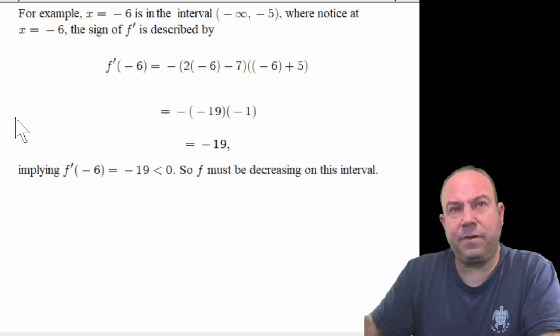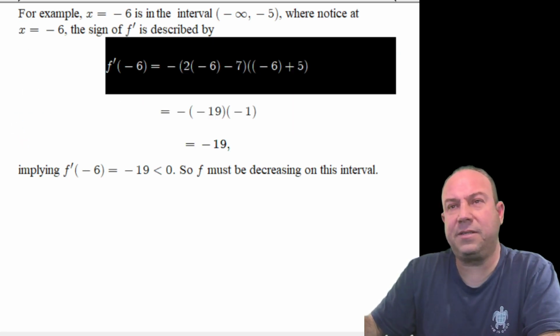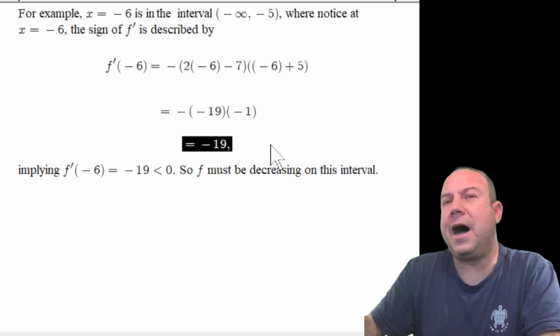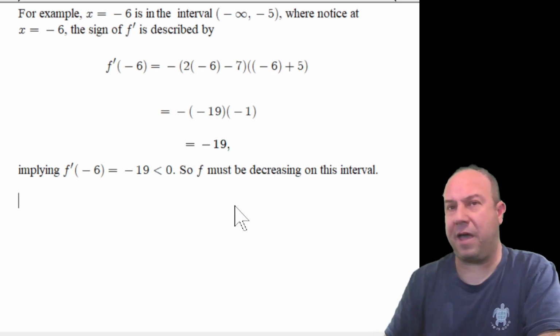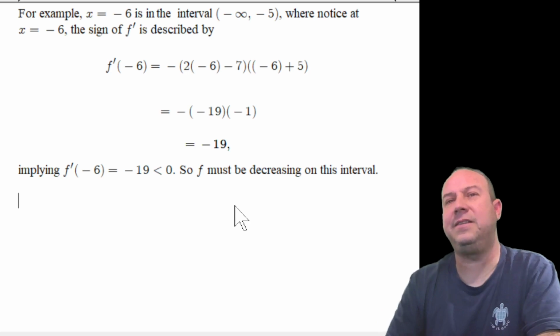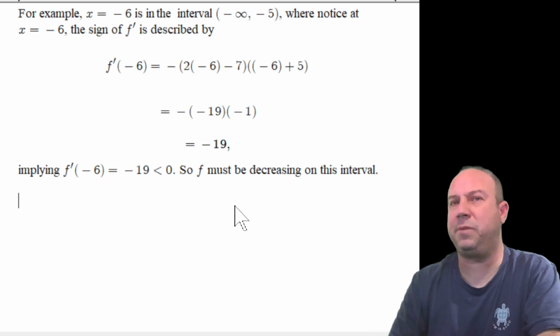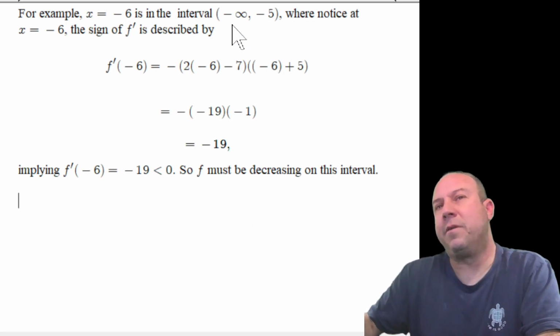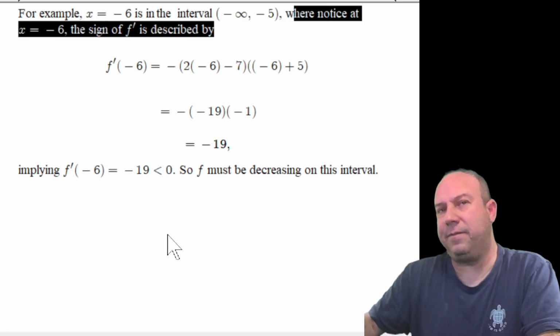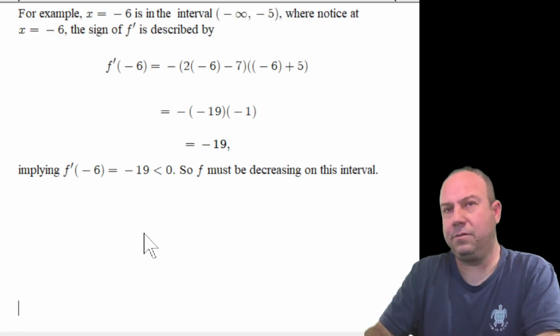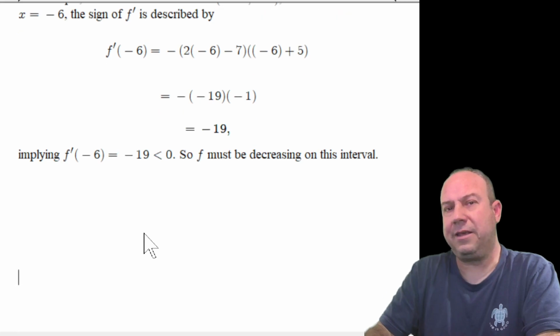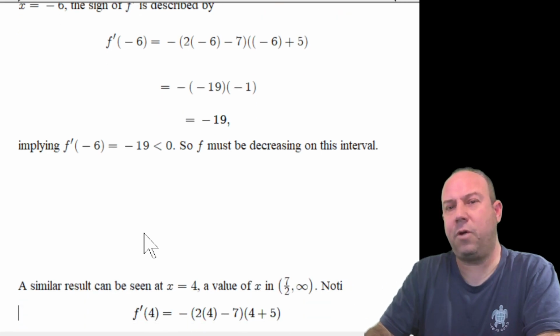Can I go up a little further here? This just looks funky spaced, but I guess it is what it is. F prime at negative 6 is negative 19, so that's less than 0, so we must be decreasing on that interval from negative infinity to negative 5. If we look at 0, I think that's the next test number I used. Oh, I actually used 4.